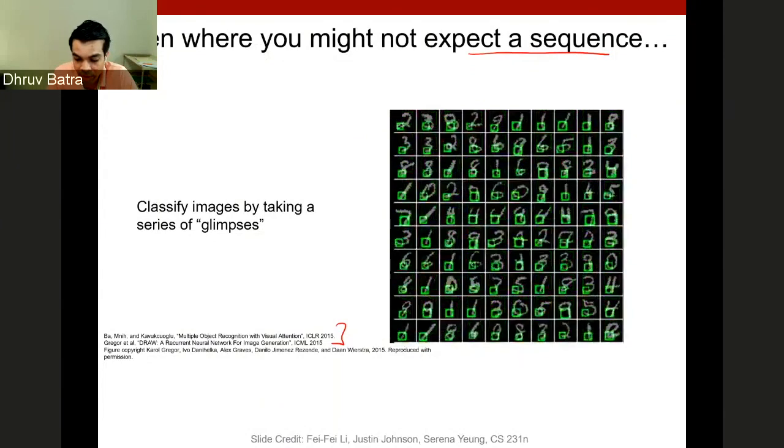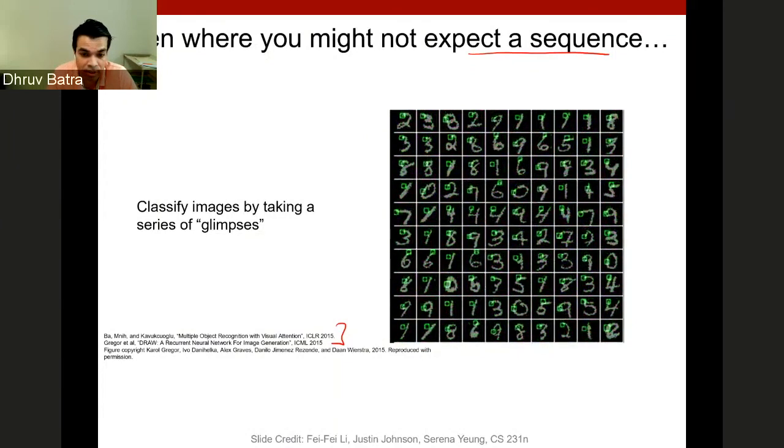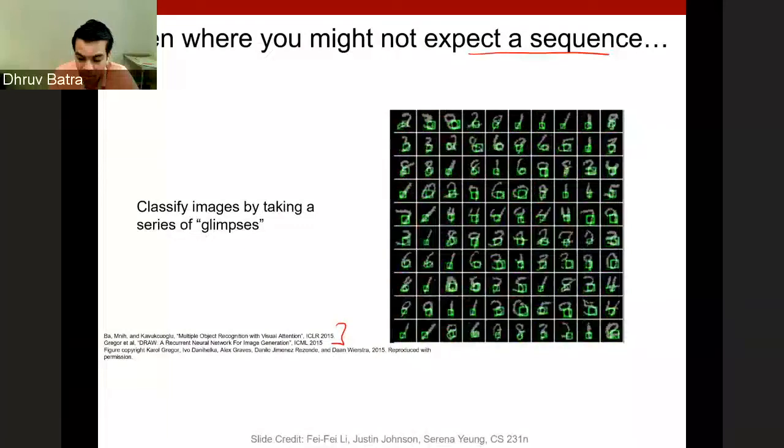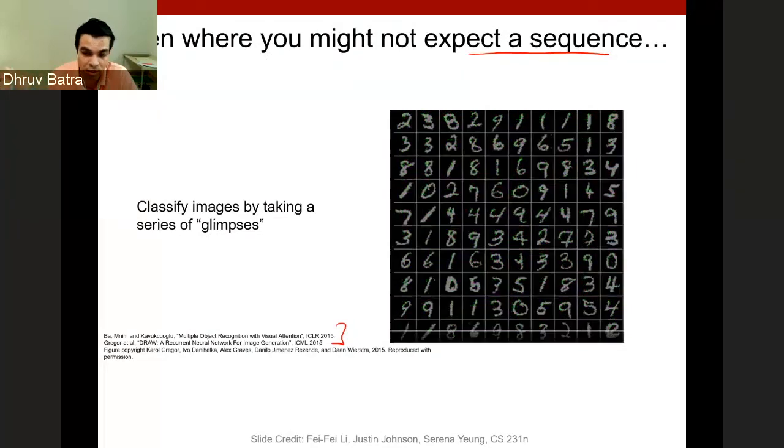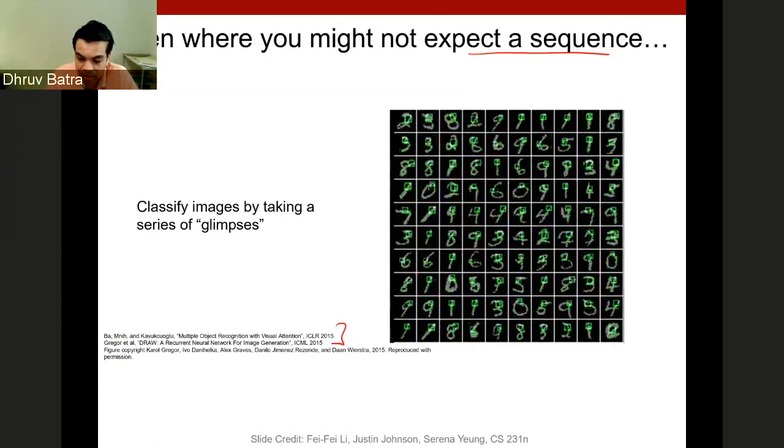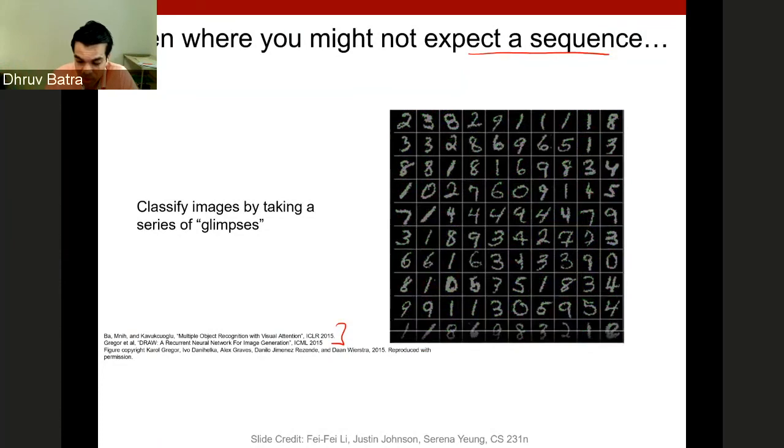Think of these as saccades that the human eye might make, where we glimpse at certain areas, and the area we are looking at is in higher resolution and focus, and others are not. This is a way of converting non-sequences into sequences.